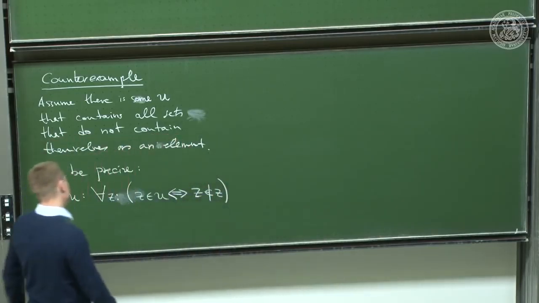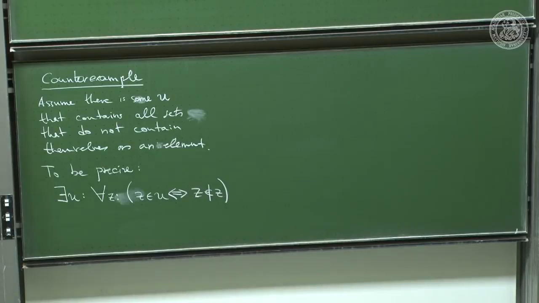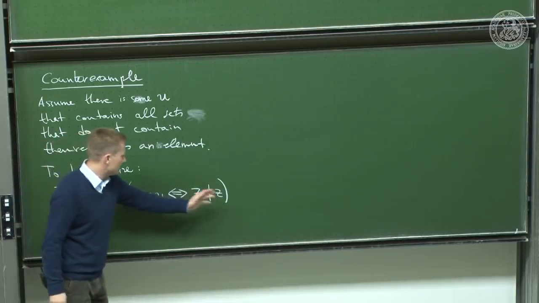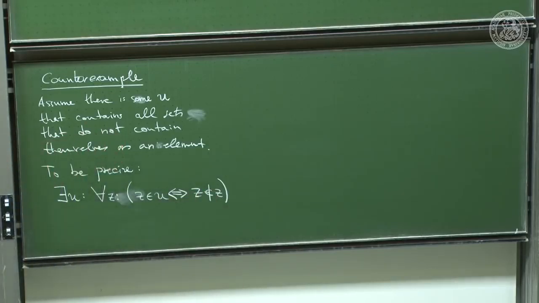Is this right? We have all those z in u that do not contain themselves. Yes. So we assume z is a set, and we assume there is such a u.